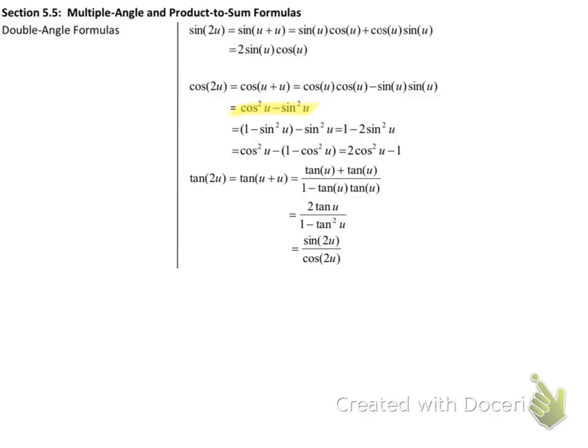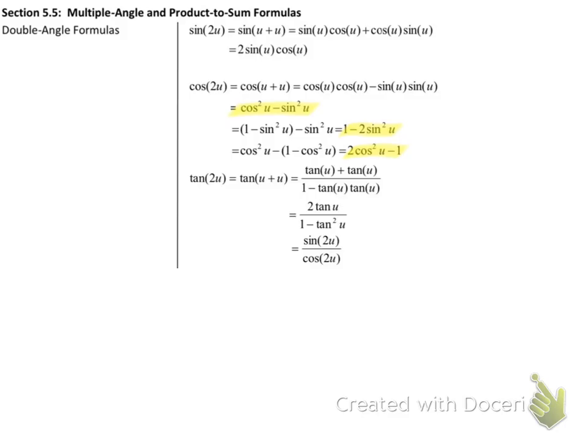Then you can replace the cosine squared with 1 minus sine squared using the Pythagorean identity, so another version is 1 minus 2 sine squared. Or you can go back to cosine squared minus sine squared and replace the sine squared with 1 minus cosine squared, which gives you the third version. It doesn't matter which one you use. My recommendation is find the one you like the best and lean towards that one.